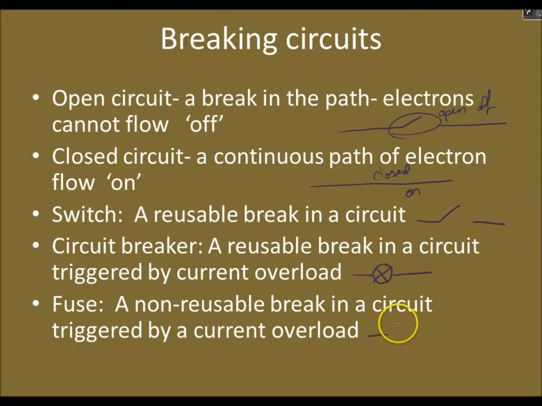And a fuse also works by an overload of current, but it's not a switch. It's actually a little piece of metal that snaps, and it is non-reusable. Once it trips, you have to get a new fuse. Again, it is okay if this is not 100% clear, because we will be going over this in class with lots of examples. I even have some example circuits and fuses for you to play with and see.